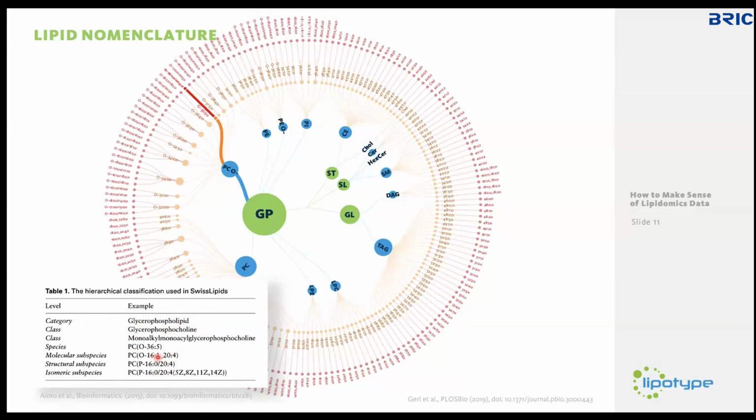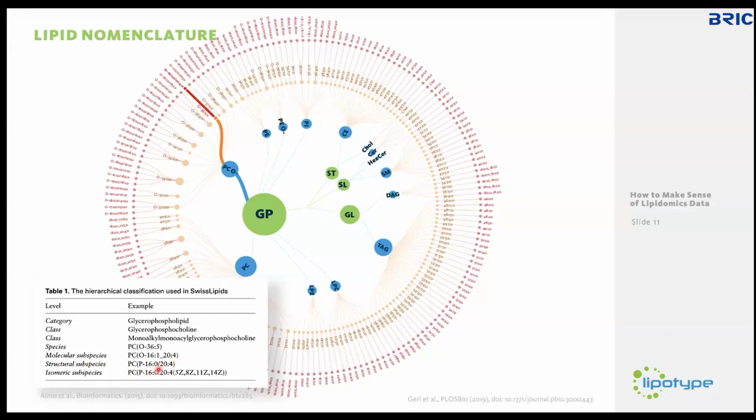If you also fragment the molecule and get the fatty acid information, you might know the total number of carbons and double bonds within each fatty acid. Then you go down to the molecular species. So this is a 24, which might be an arachidonic acid.